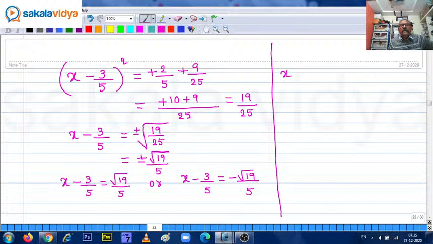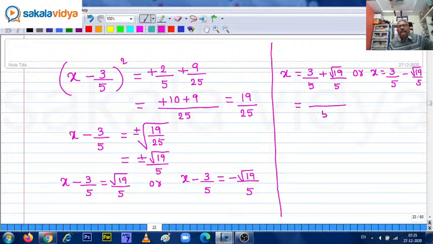So x equals 3 upon 5 plus root 19 by 5, or x equals 3 upon 5 minus root 19 by 5. So 5 is the LCM: x equals 3 plus root 19 over 5, or x equals 3 minus root 19 over 5. They are conjugate pairs, conjugate surds.